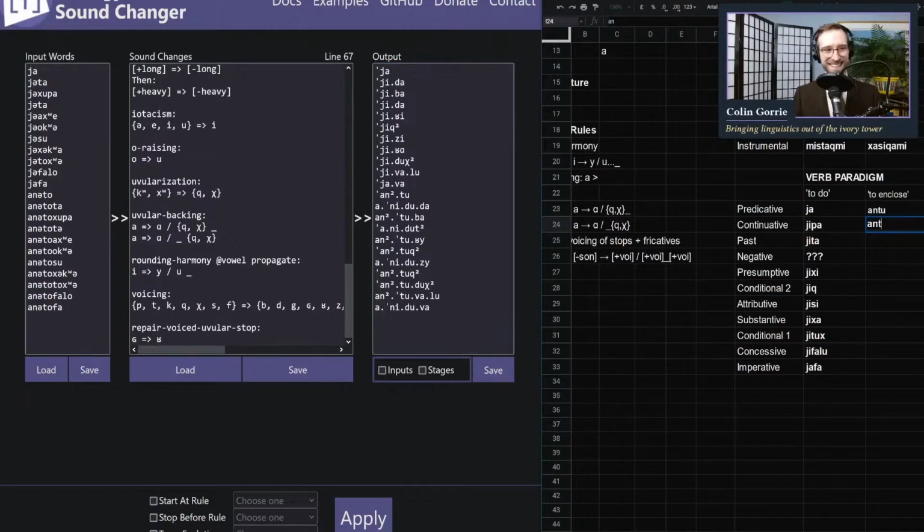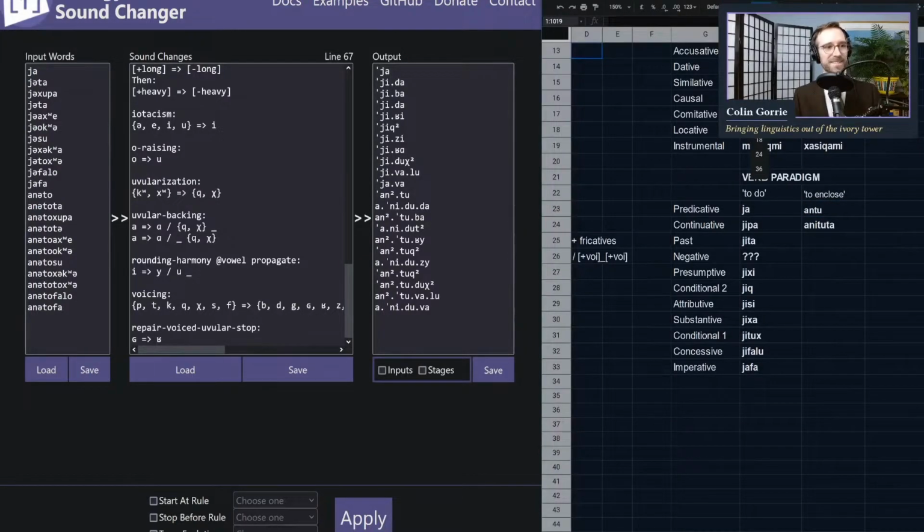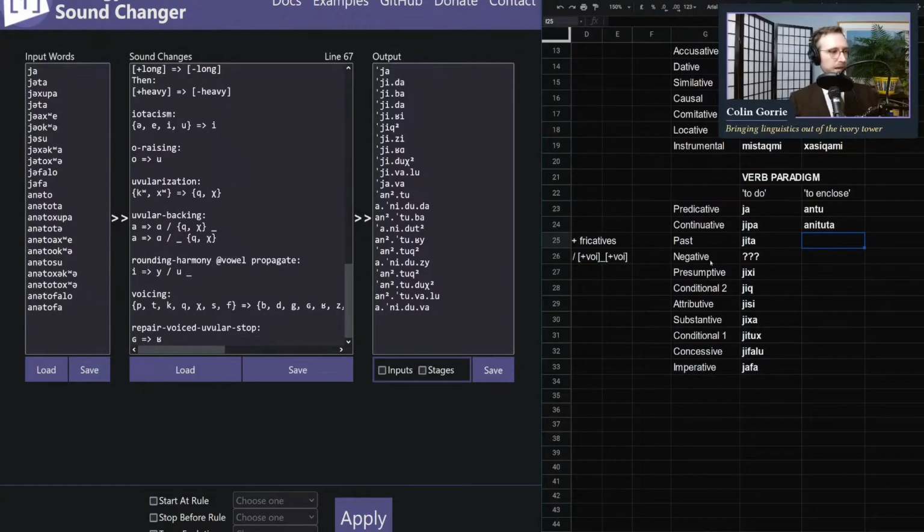Oh, interesting. You see, this is what happens. Oh, you can't see it. It's a bit off screen, but the font size is slightly different. Do you notice that? Okay, so then there's that. The past form is anidut. So these are slightly out of order, but whatever.